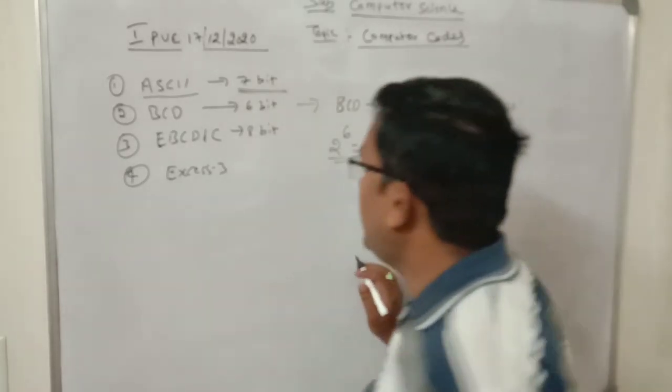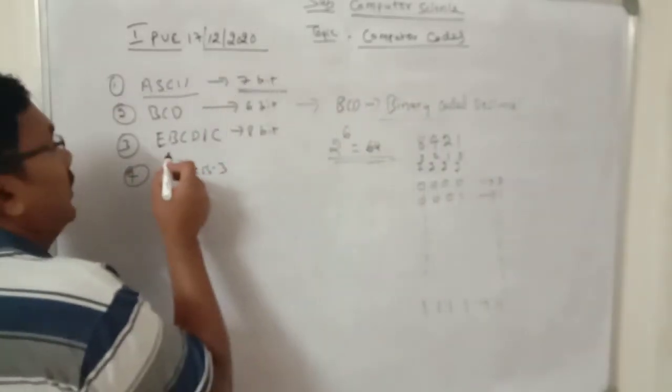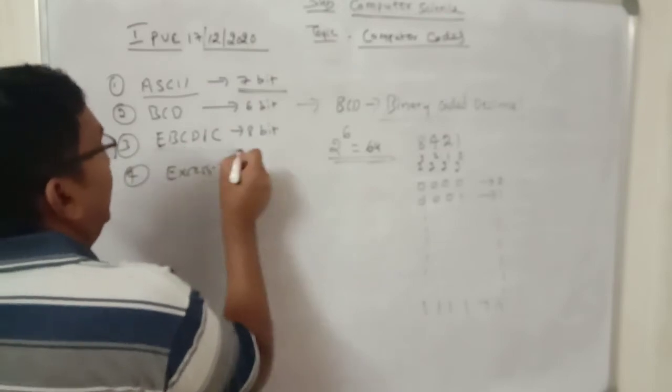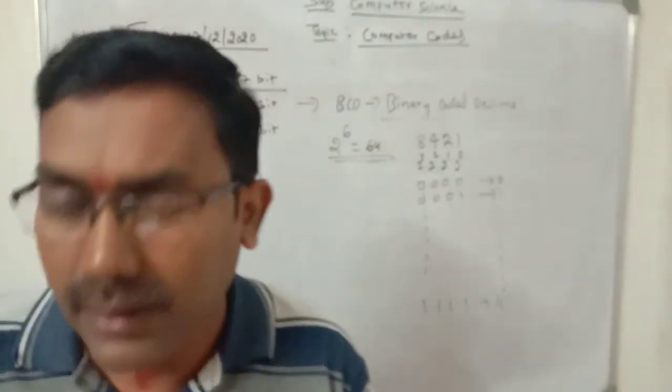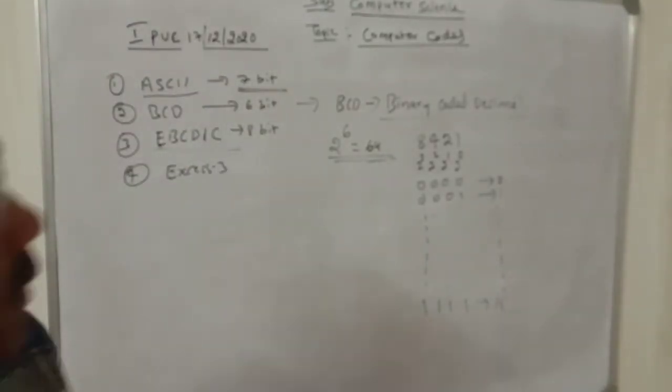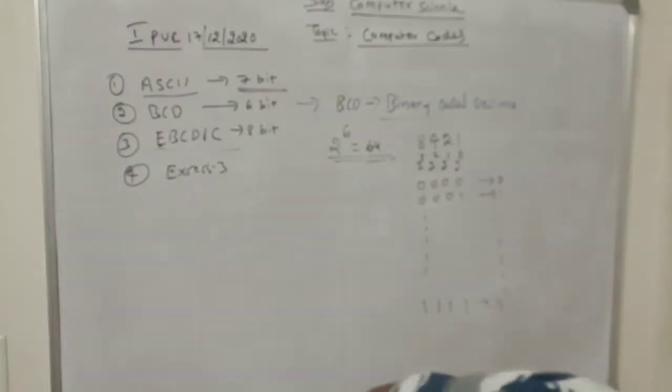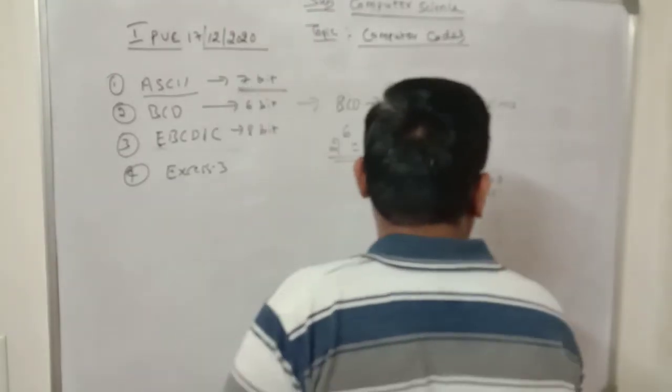Similarly, EBCD code. EBCD code means extended binary coded decimal interchange code. BCD is over.